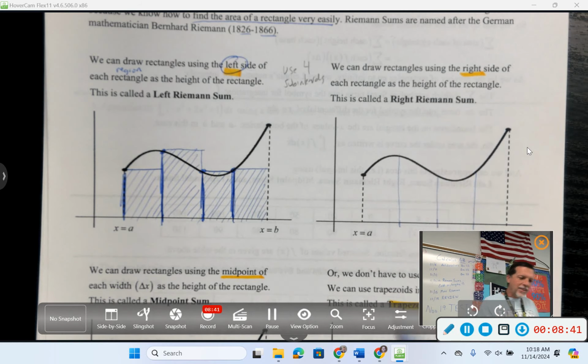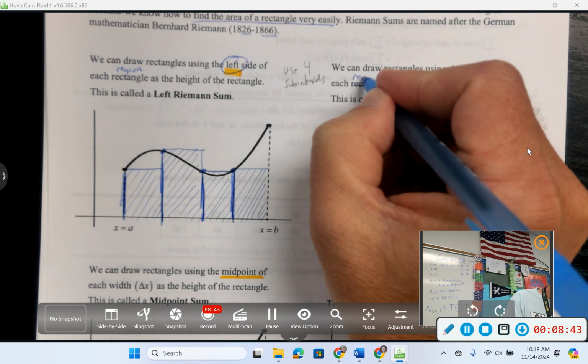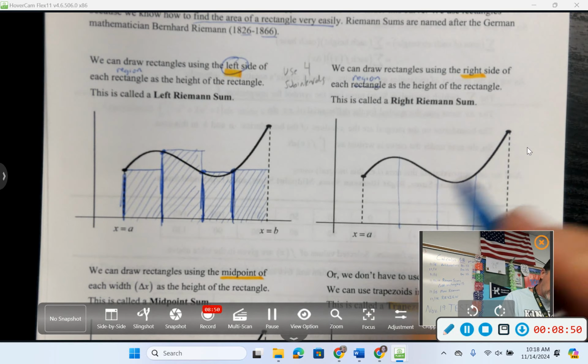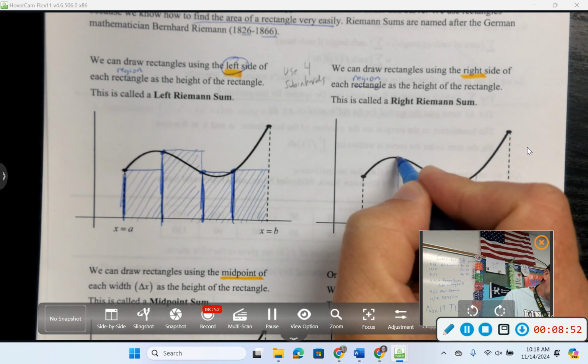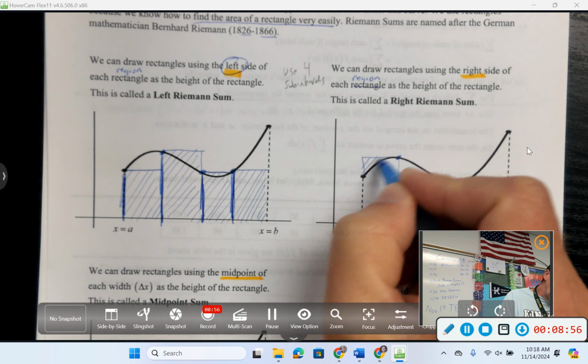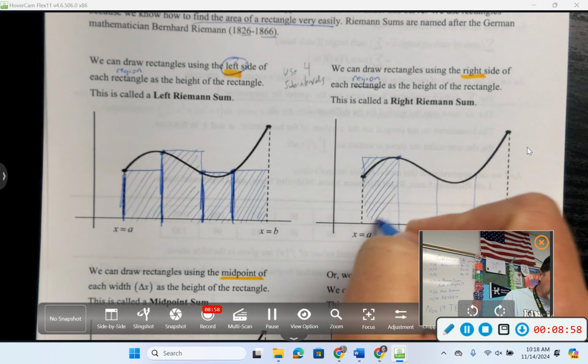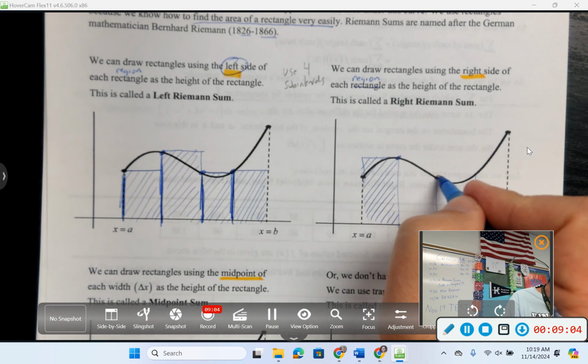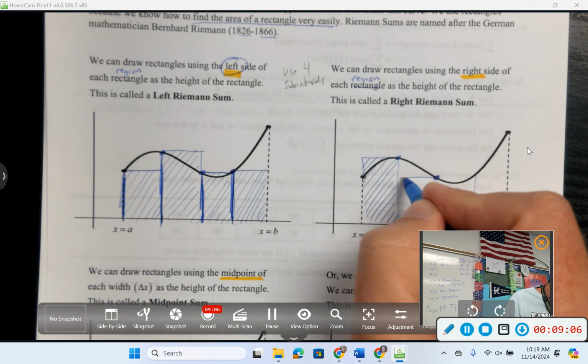For the right side of each region as the height of the rectangle. So the first rectangle would be, again, coming from the right. Now that first rectangle is an over approximation. Second rectangle from the right.